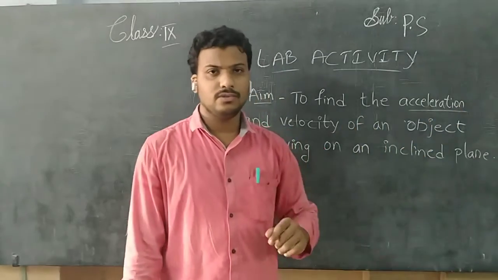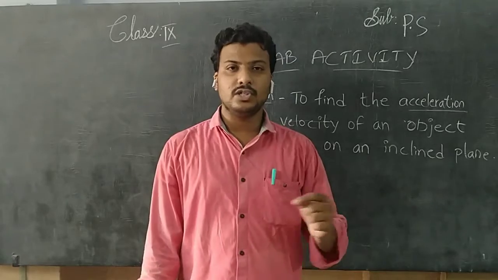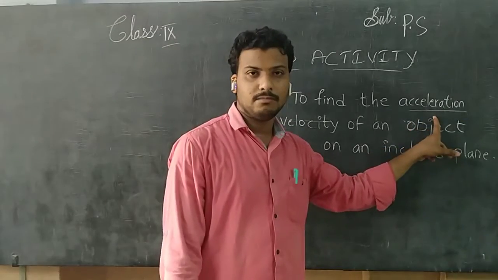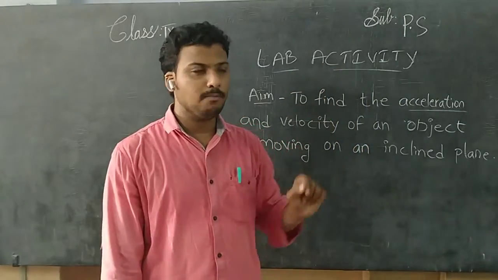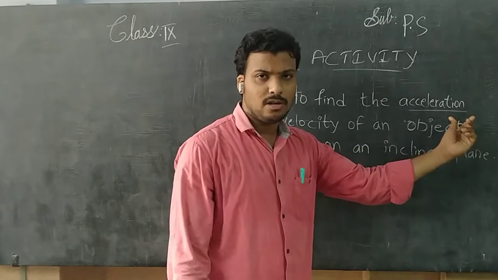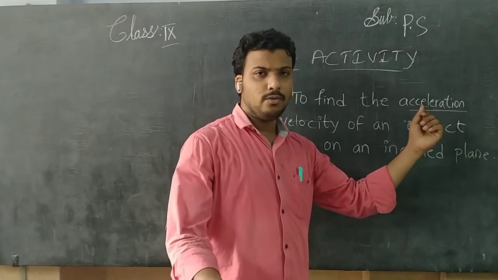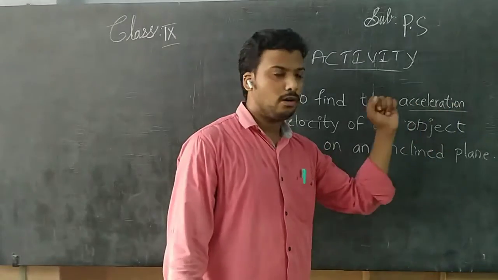The rate of change of velocity of an object is called acceleration. They said to find the acceleration. Now you understand: if I give you a bike, you continuously accelerate and decelerate. That we have to find out.